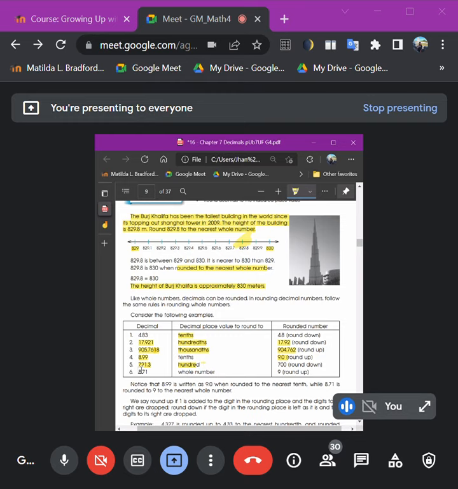Is it 1? 3? It is in the whole number part. 2? Oh no, they forgot. Where is it in our place value chart? Is it 1? Is it 2? Is it 3? Oh no, they forgot.